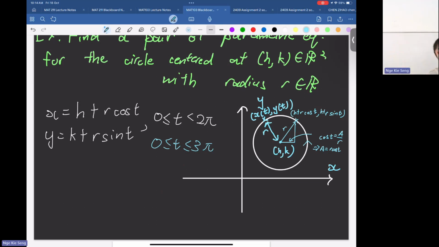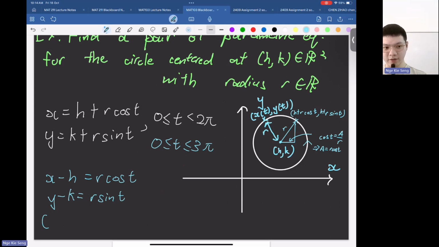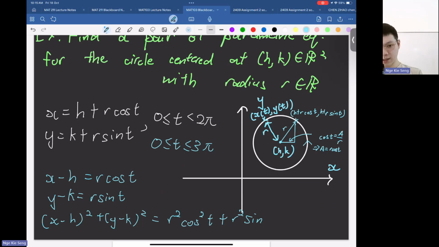You can take x minus h equals r cos t, y minus k equals r sine t. Then you can use the trig identity again, where you get r squared cos squared t plus r squared sine squared t, which is just r squared.